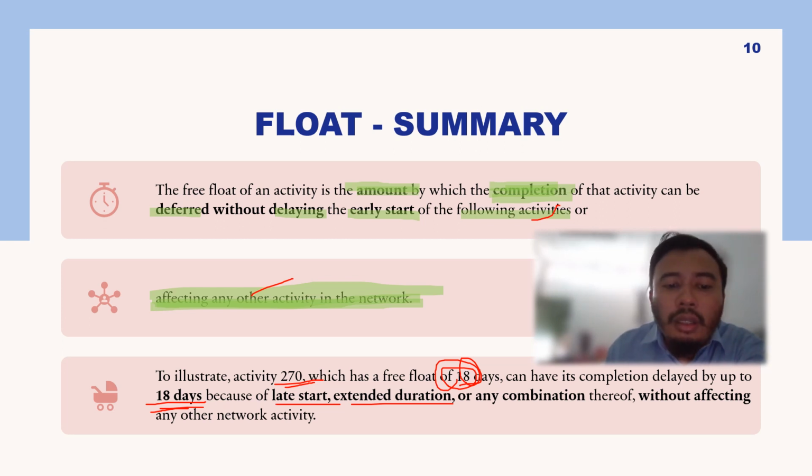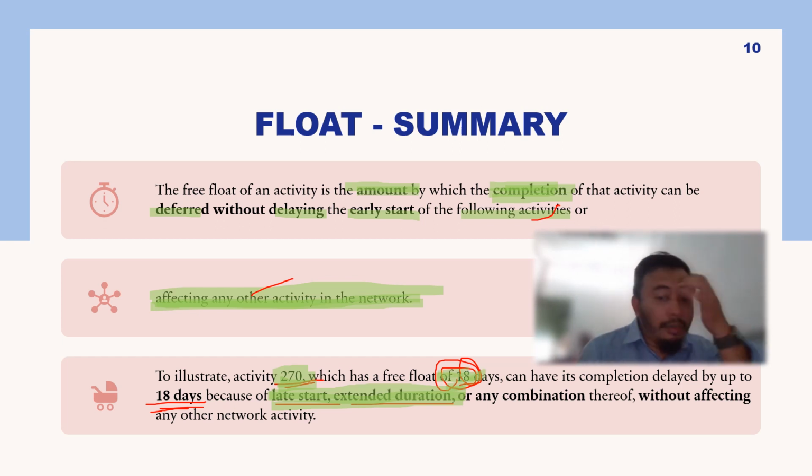These are maybe some unforeseen circumstances that cause late start. You start late because of weather, or you need to extend your duration of the work. So, for example, activity 270 can start late by 18 days without affecting any of the activities in the network or the following activity.